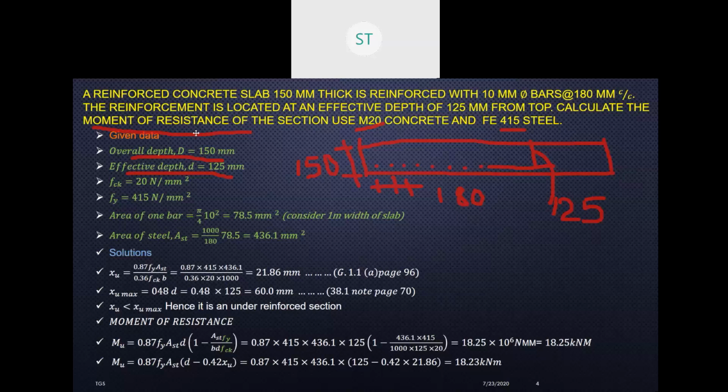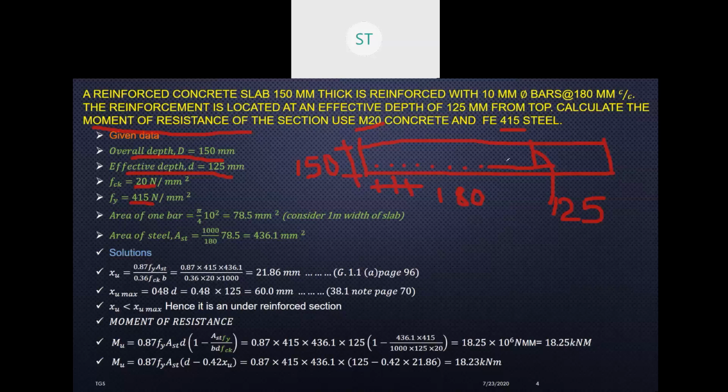And reinforcement is located at an effective depth of 125 millimeter from top, to the center of the reinforcement. Calculate the moment of resistance. Use concrete M20 and Fe415. So M20 grade concrete, fck is 20, and Fe415, Fy is 415.